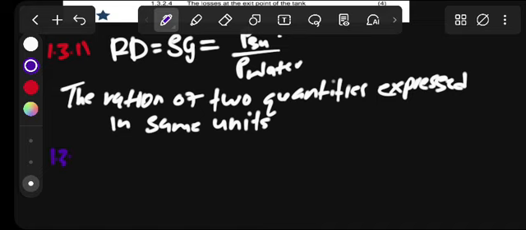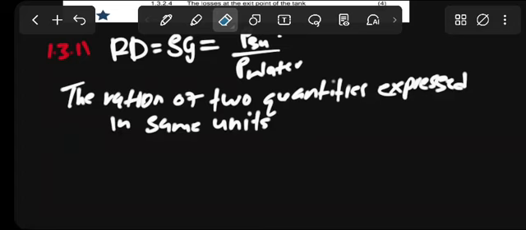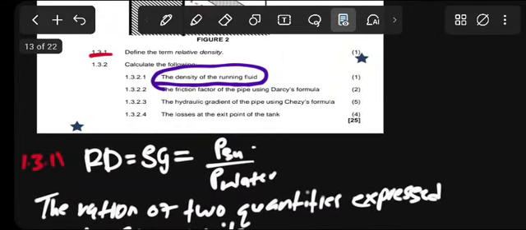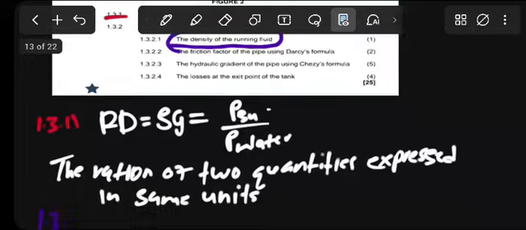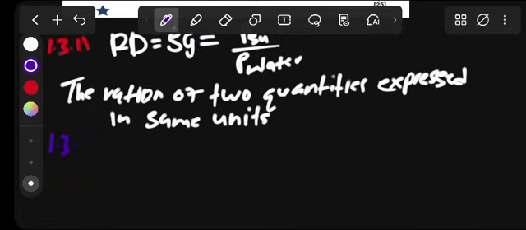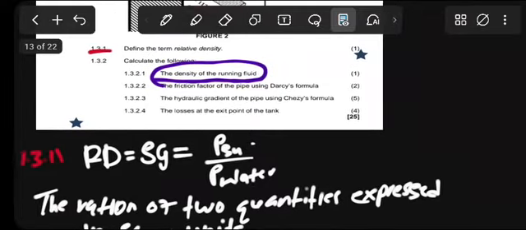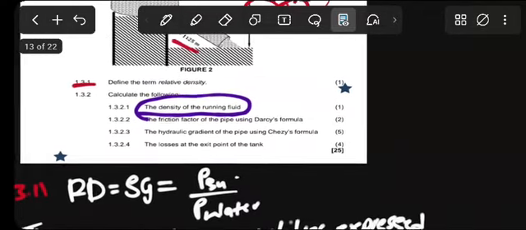I don't know, but it's supposed to be 1.3. Why do they number it 1.3.2.1? Okay, no problem, their numbering is like this. It says determine the density of the running fluid.